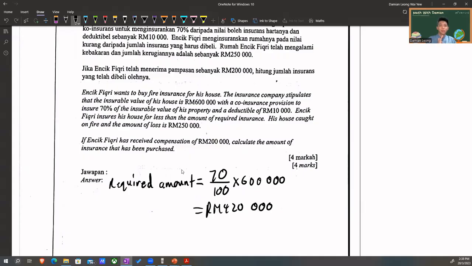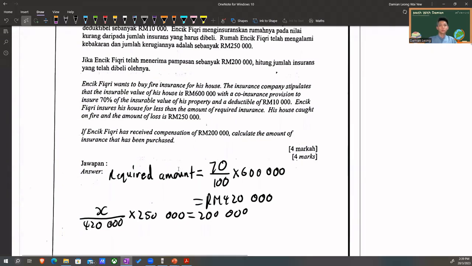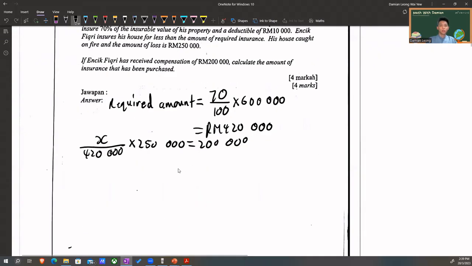And basically to get the 200,000, it will be how much he bought, let's put that as X, over how much he needs to buy, times the amount of loss, 250,000. So that will give you 200,000 ringgit. So I just bring over the 250,000 and the 420,000.